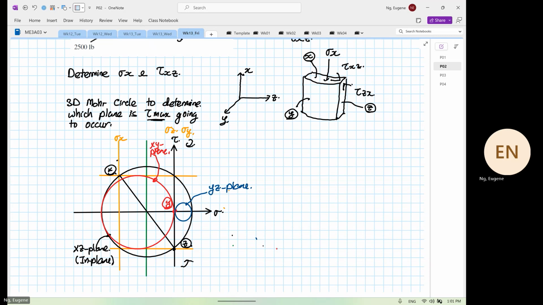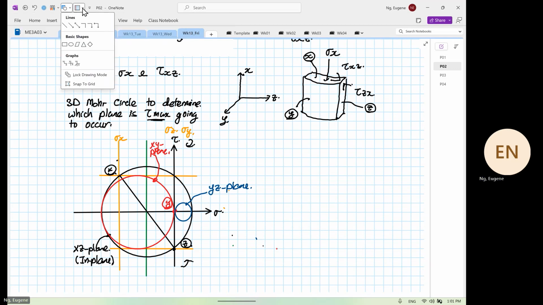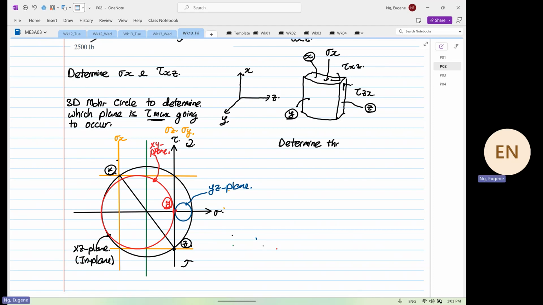Okay. So we have just determined that tau max occurs at the XZ plane, which is our in plane.